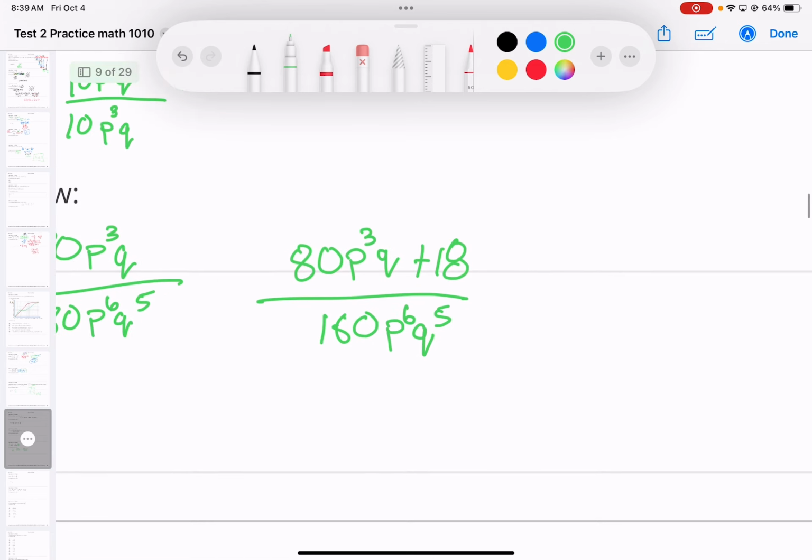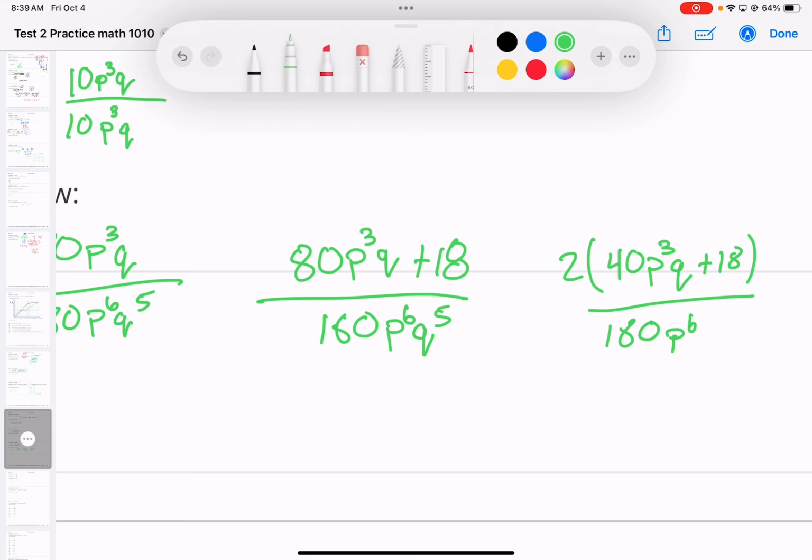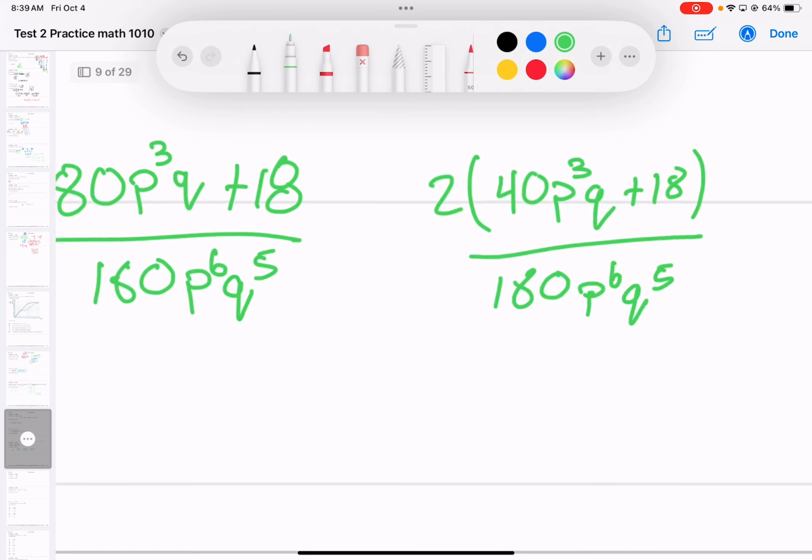I can factor out a 9. I can't factor out a 9. I can factor out a 2. I could have done this by 5. I couldn't have. Factor out a 2. It's going to give me 40 p to the 3rd q plus 18 over 180 p to the 6th q to the 5th. And then I can simplify.